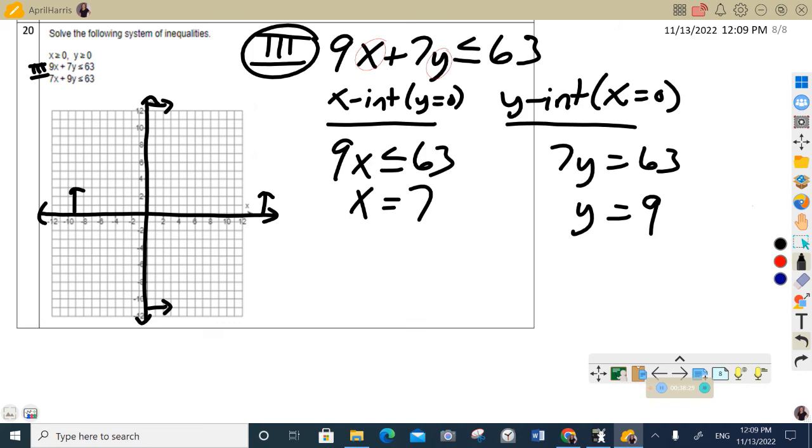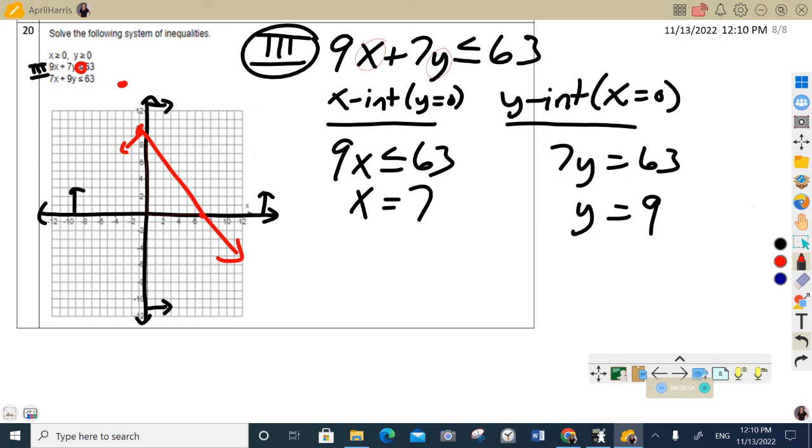So if I were to graph that, x is 7, which would be about here. Y is 9, the y-intercept. And then I'm going to connect the dots. And that is a less than, so I would be shading below that line. So right now, the overlapping of the shading is this triangular region right here.